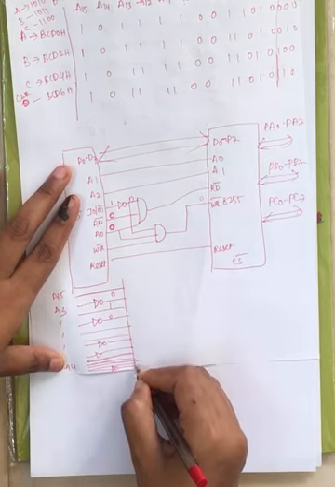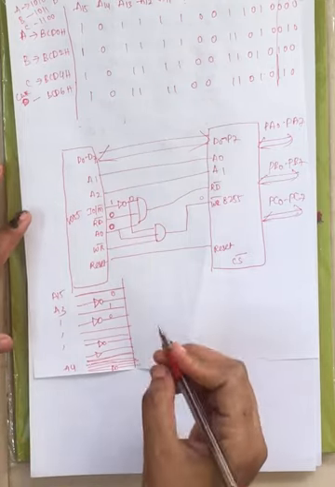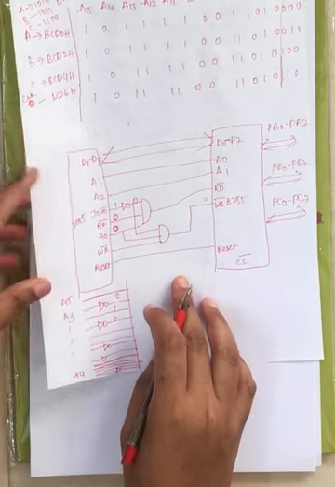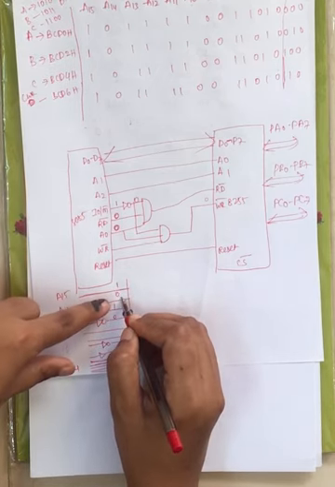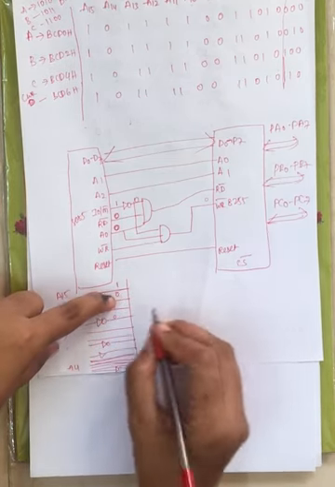Now we have to choose such a logic for all of these. Now consider AND gate only.